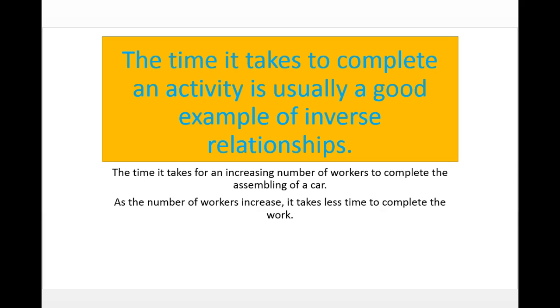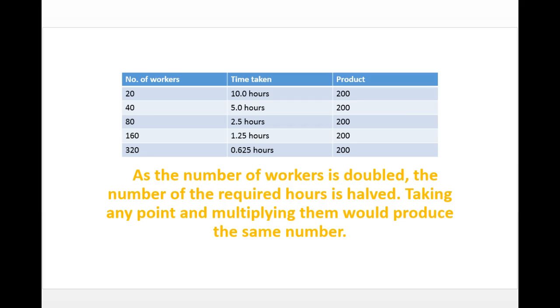For example, when the number of workers increases, the time it takes for them to complete the assembling of a car decreases. So that's an example of an inverse proportion.